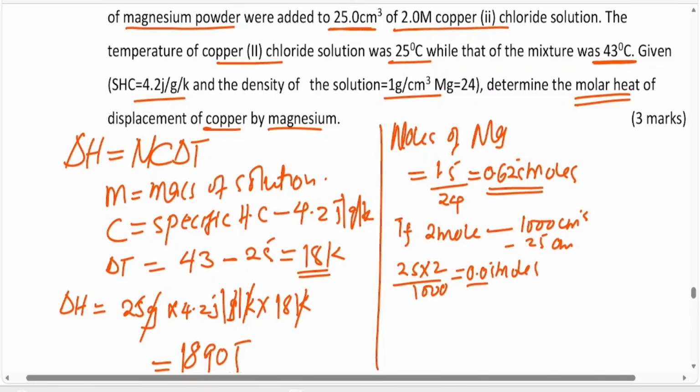So this means that although magnesium displaced copper ions, magnesium was in excess.